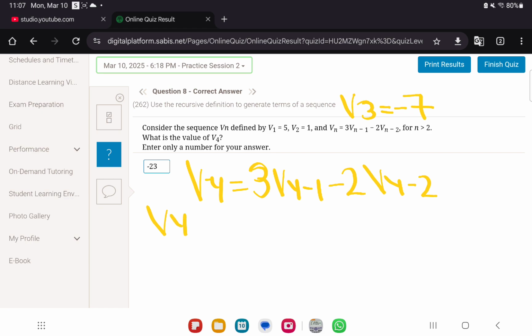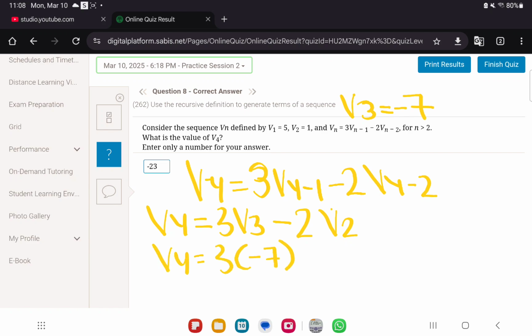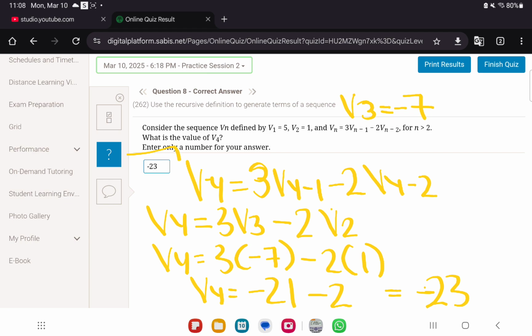That means V4 equals 3V3 minus 2V2, which is 1. So V4 is equal to 3 times V3, which is minus 7, minus 2 times V2, which is 1, and you get 3 multiplied by negative 7 is negative 21, minus 2 equals negative 23, and that's your answer.